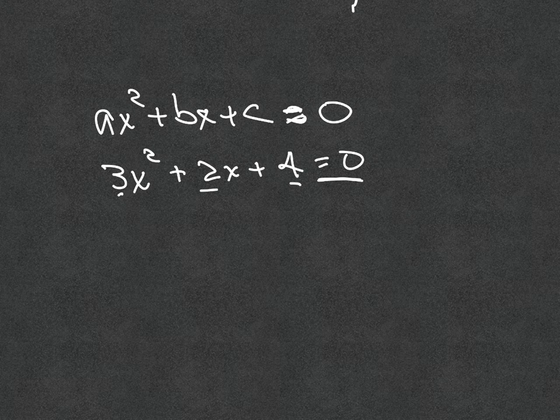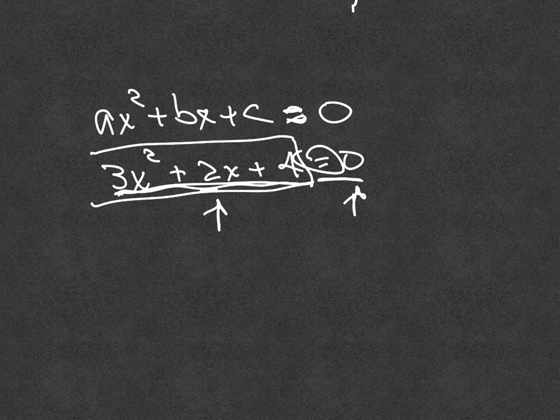The number 0 is a very special number when it comes to math, because if we set our equations equal to 0, then that means the left-hand side has to equal 0 because the right-hand side is equal to 0, because we have an equal sign. So what we're trying to do is figure out a number to put in for x so that 3 times that number plus 2 times that number plus 4 gives 0. It makes our life so much easier.